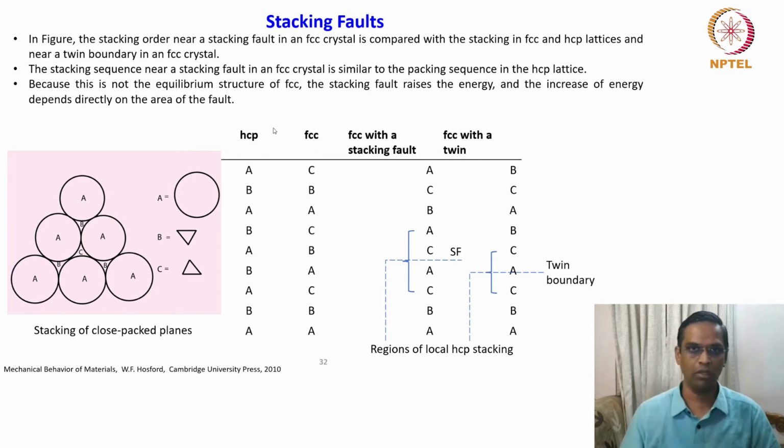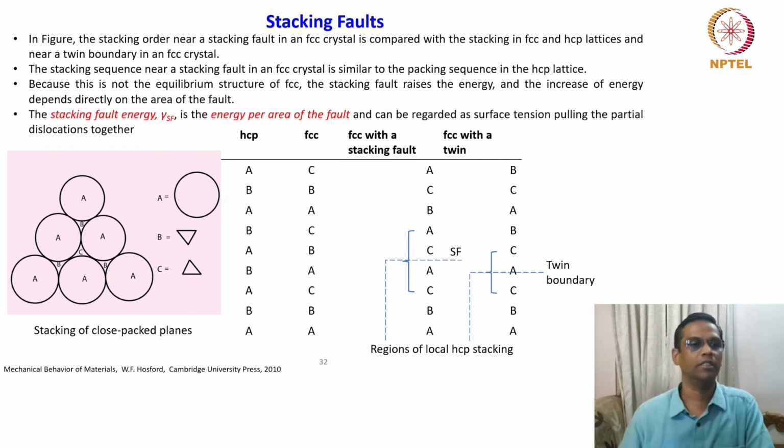It pushes all the interatomic spacing in the nearby region to some extent. It completely disturbs it, so it is considered like a region. So the energy is also measured per area. The dislocation energy is measured per unit length, but a stacking fault happens over a region or area. So here the energy is per square meter.